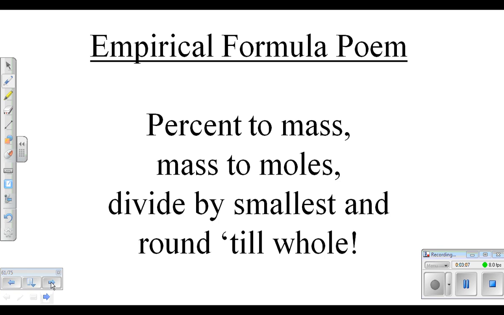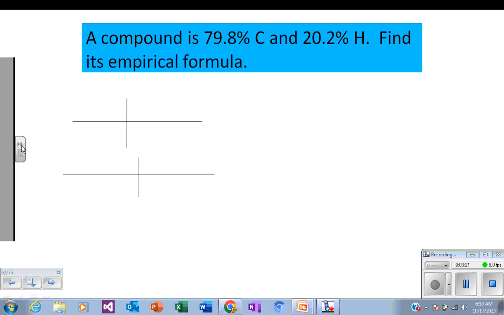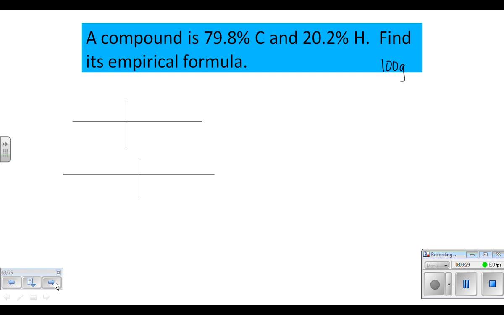So let's try it. If we have a compound that is 79.8% carbon and 20.2% hydrogen, we want to find its empirical formula. Well, the poem says percent to mass. So we're going to change all these percent signs to just grams because we're going to assume now that we have a 100-gram sample of this.